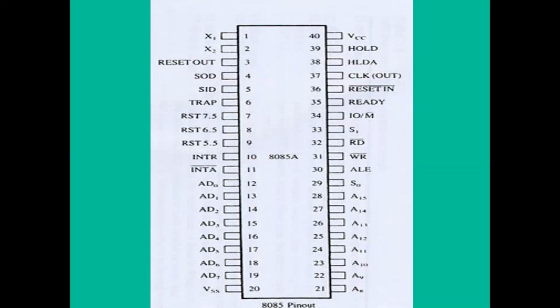So if any question comes in your exam to draw the pin diagram of 8085 microprocessor, you have to draw it in this way. You don't need to give the numbers 1, 2, 3, 4. Only write this one is X1, then X2, then reset out, in this way. Total 40 pins. Okay, so I will explain the pin layout one by one.